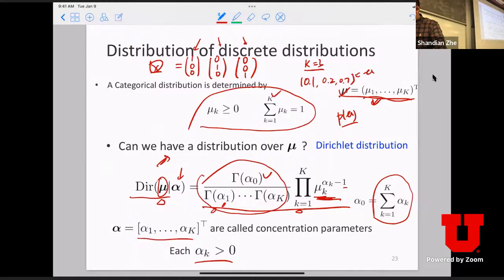You can't sample a mu which doesn't satisfy the probability constraint.